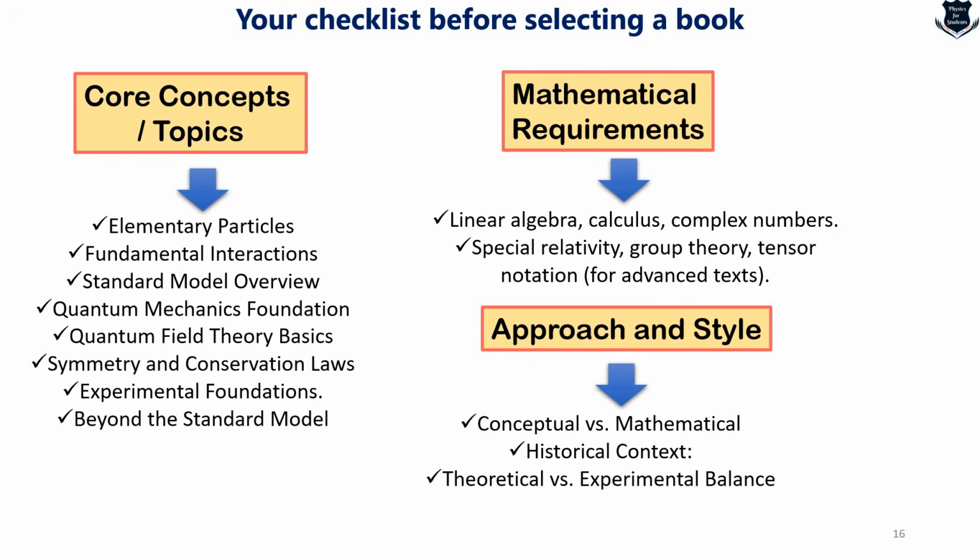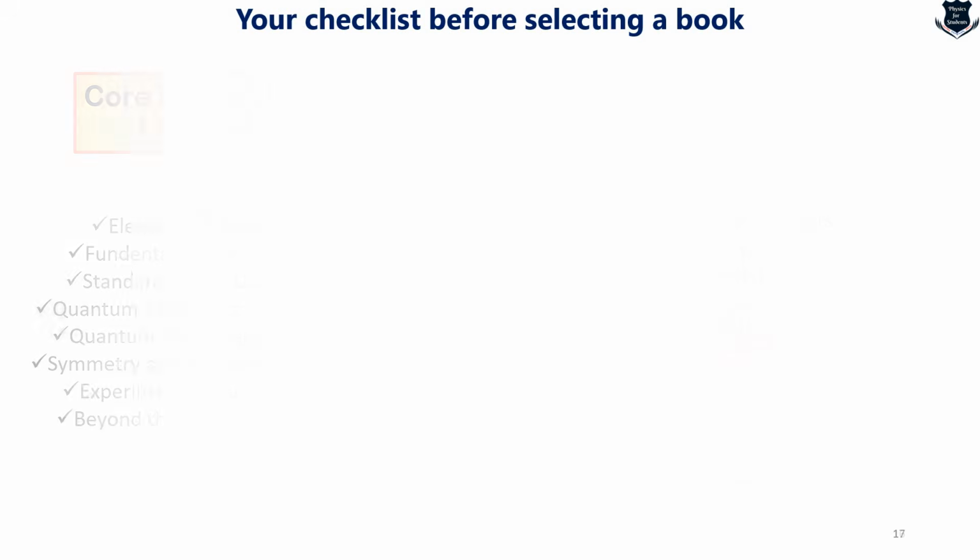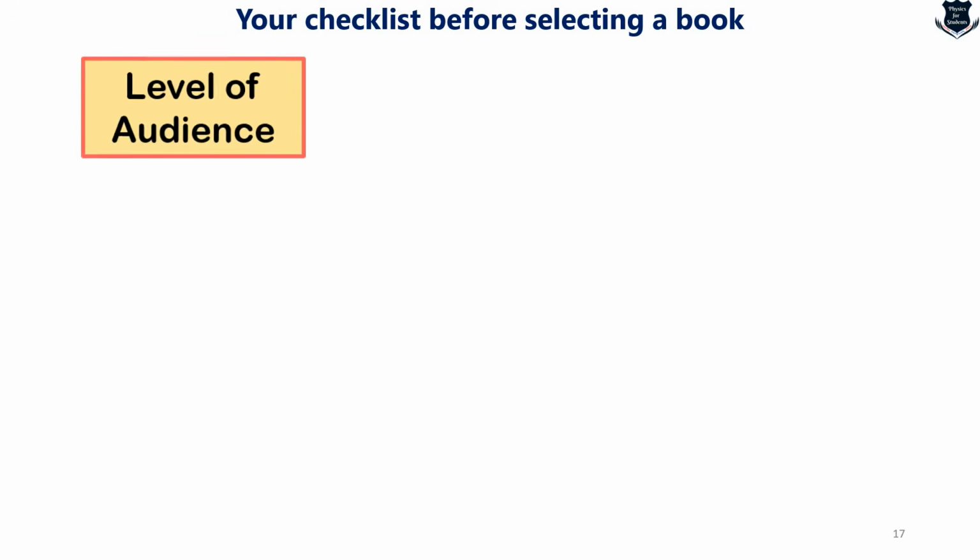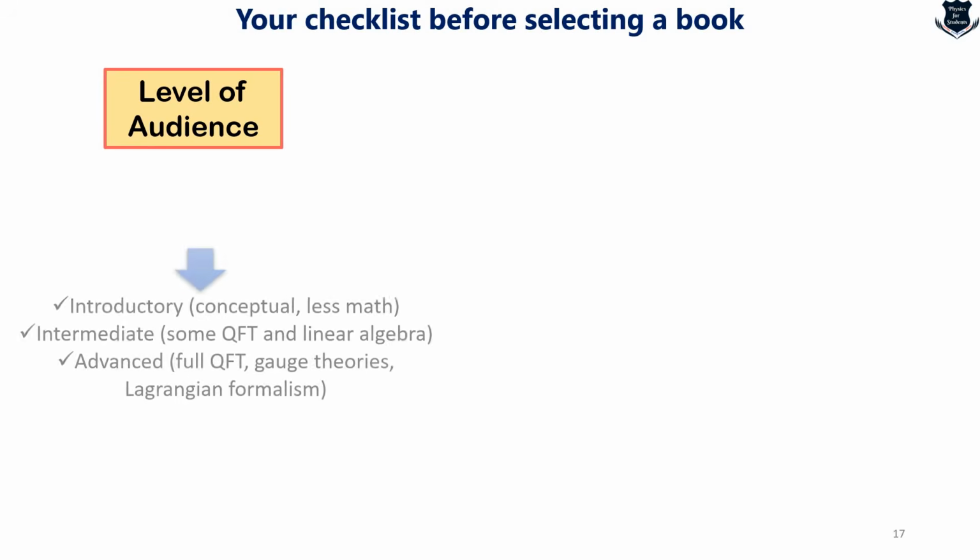I am telling all these things because in future, when you go ahead and select a book, learn a topic, or develop a curriculum, keep in mind that these are the checklists you need to have before making a book successful. The next important thing which I have seen most students get confused about is the level of audience.